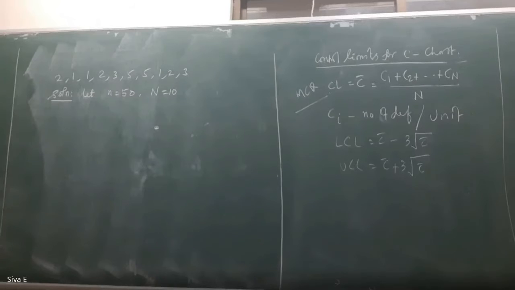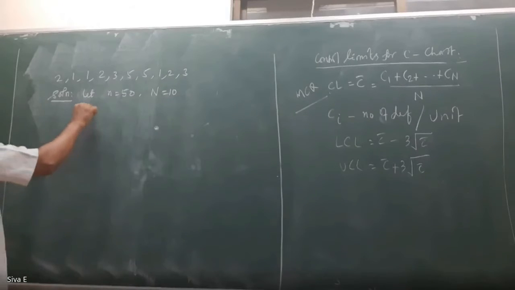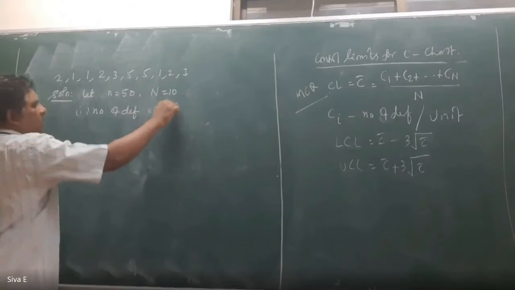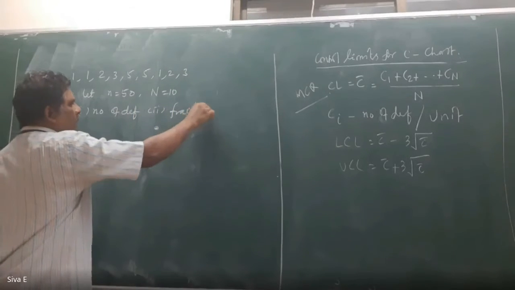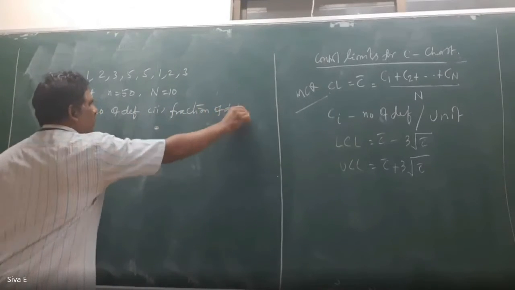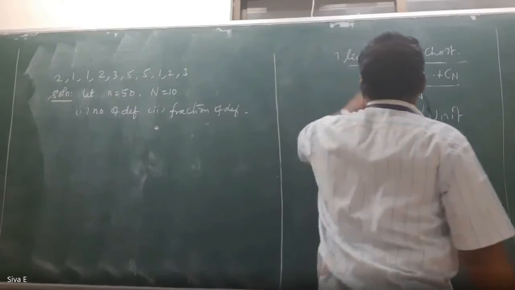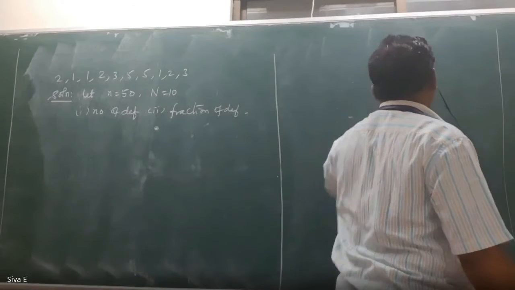We may construct two control charts. One is number of defectives, and the second one is fraction of defectives. Number of defectives is the NP chart. Fraction of defectives is the P chart.